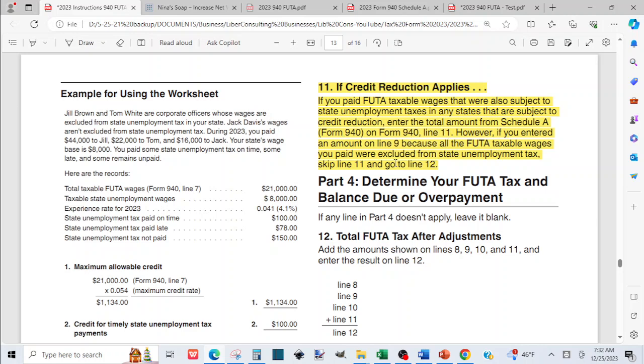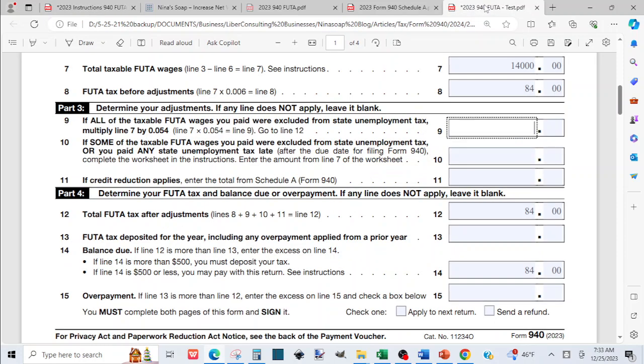However, if you enter an amount on line 9, because all the FUTA taxable wages you paid were excluded from state unemployment tax, skip line 11 and go to line 12. Again, we read about it earlier. It's just that if you have something on line 9, even if you are in a credit reduction state, line 11 does not apply to you anymore.